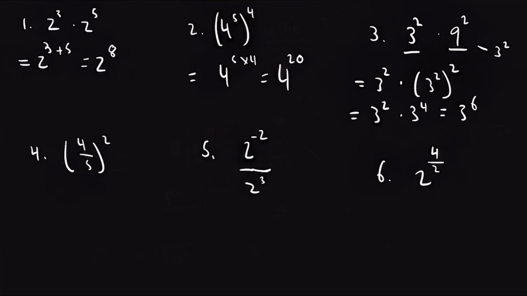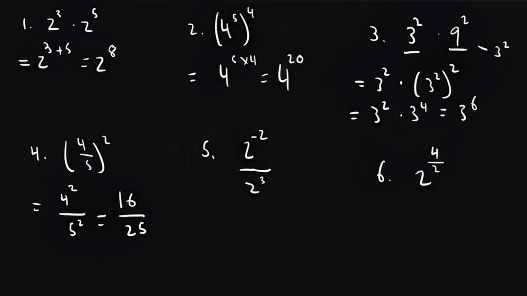For question number 4, you have to apply the power of a quotient rule. So this just simplifies to 4 to the power 4 squared, and then divided by 5 squared, which is just equal to 16 over 25, and that cannot be reduced further, so just leave it as that.